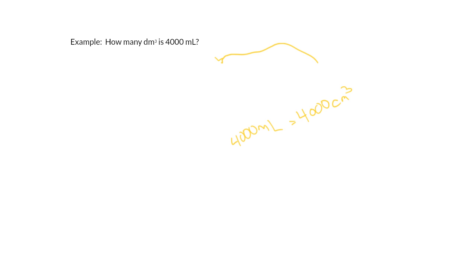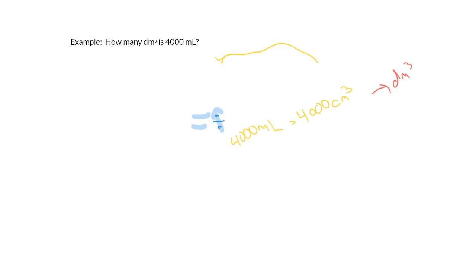And the question wants us to convert to decimeter cubed. So I'm going from centi to deci, which is going to be up. That means it's going to be a division.